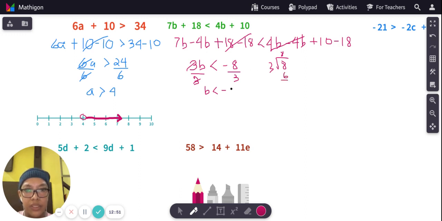So this is 2.67. Kindly use your calculator. I just know the value of 2/3, that is 0.6666, non-terminating.